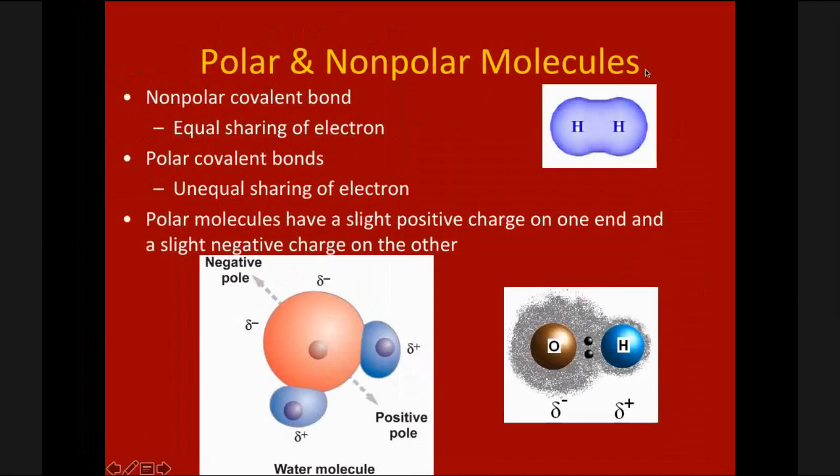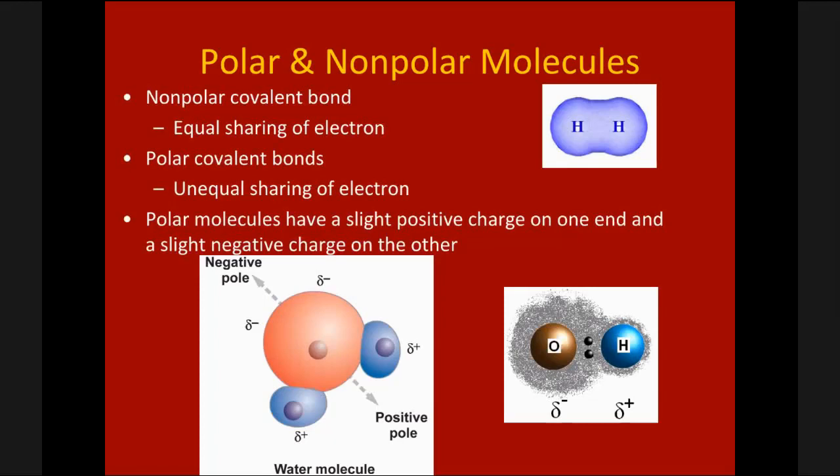So covalent bonds can equally share electrons or unequally share electrons, depending on the type of covalent bond you're looking at. What are the elements in there? Sometimes there isn't a stark electronegativity difference between the two elements, and you have what's called a nonpolar covalent bond.